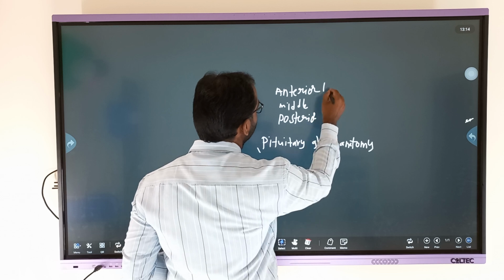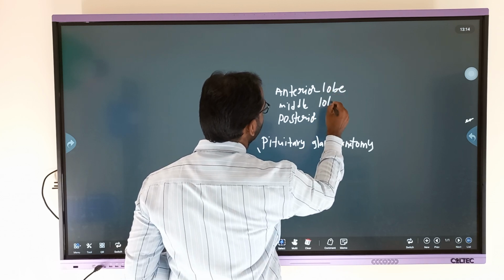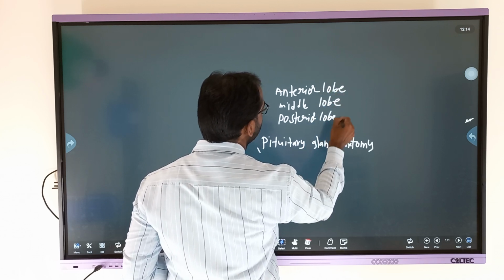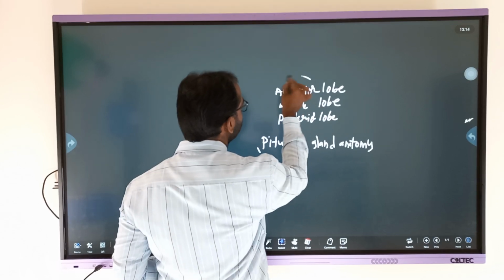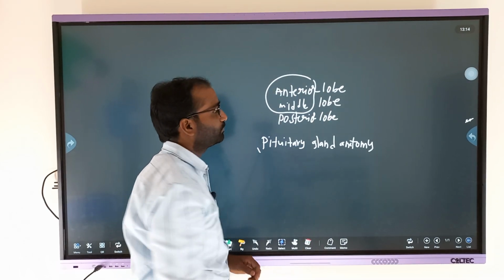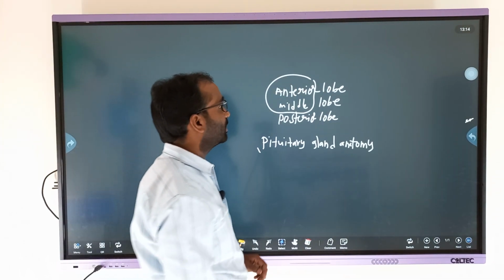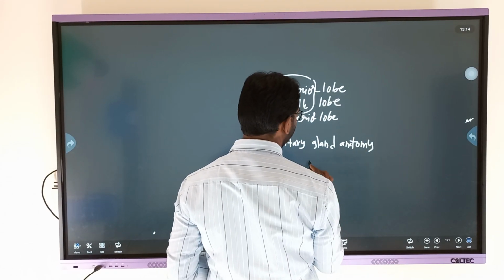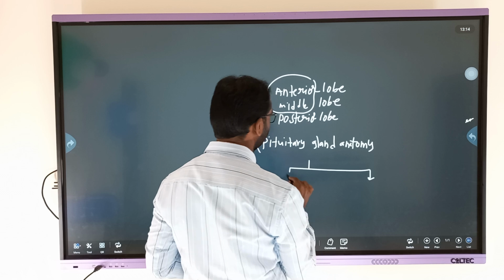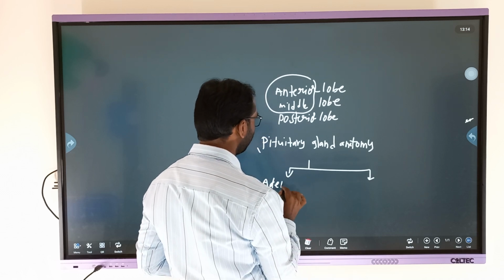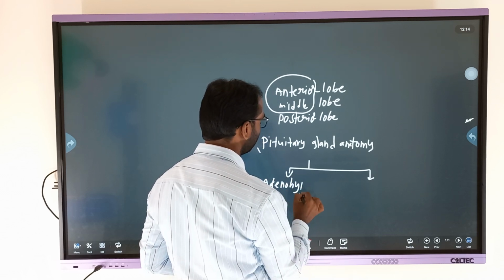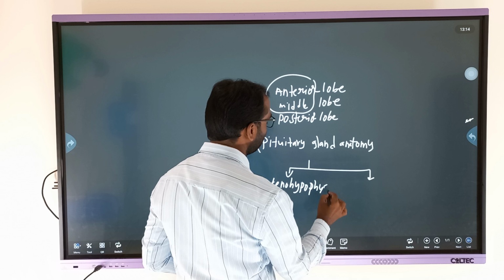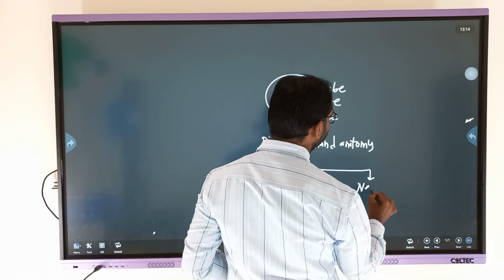So there is an anterior lobe, middle lobe, then posterior lobe. Generally the middle lobe is merged with the anterior lobe. The anterior lobe is also called adenohypophysis, and then neurohypophysis.